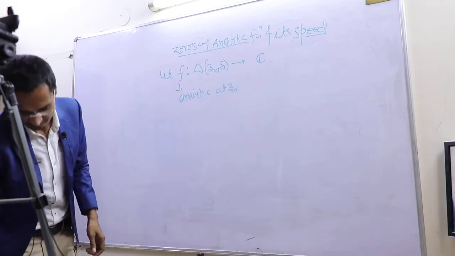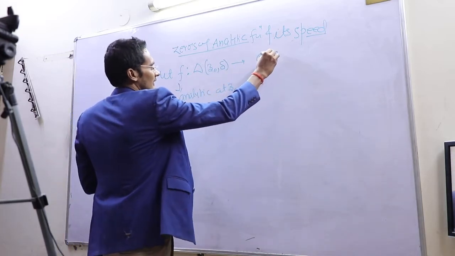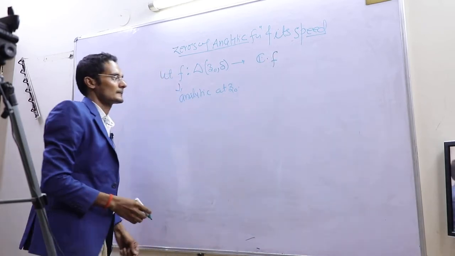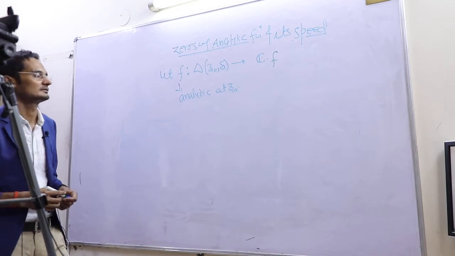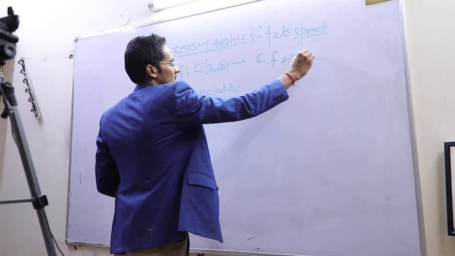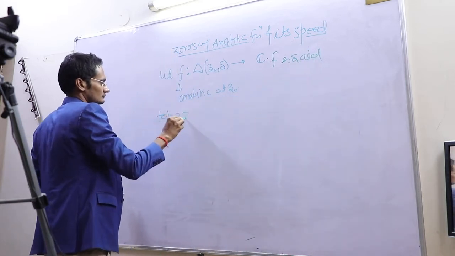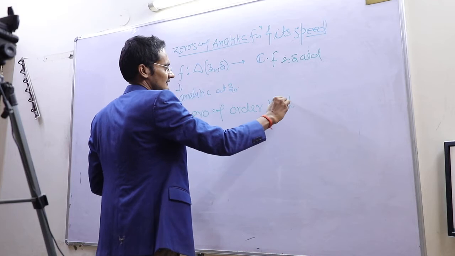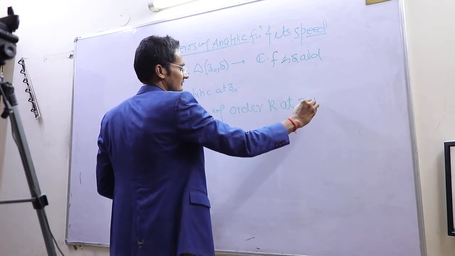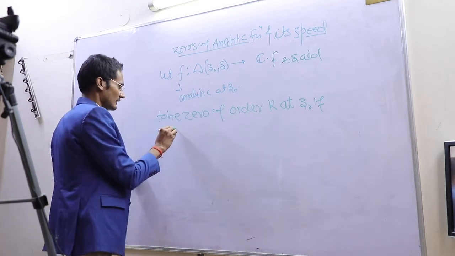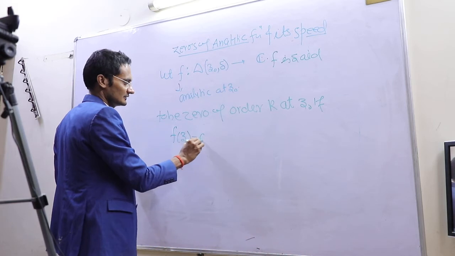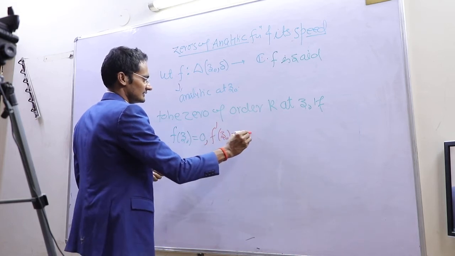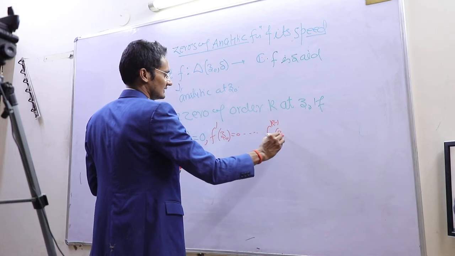At z naught, f is said to have zero of order k at z naught if f of z naught is 0, f dash z naught is 0, and so on, up to the (k minus 1)th derivative at z naught is 0.